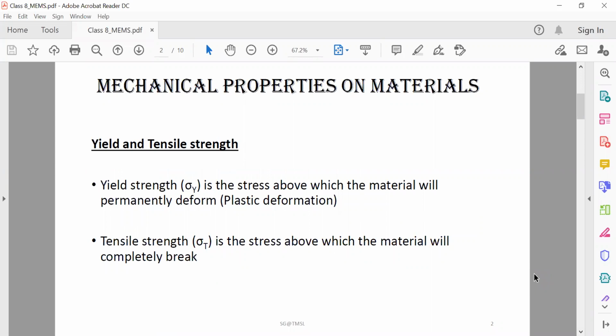Now the yield strength is sigma y and the tensile strength is sigma t. Yield strength is the stress above which the material will permanently deform, which is called plastic deformation.